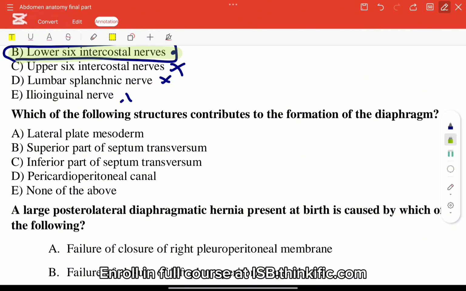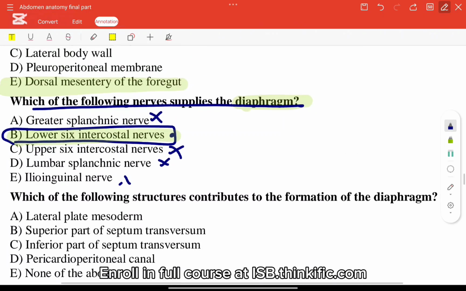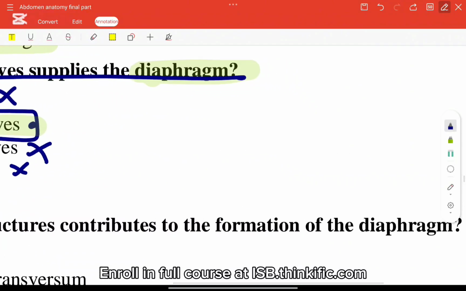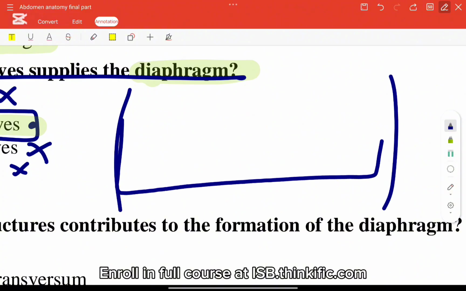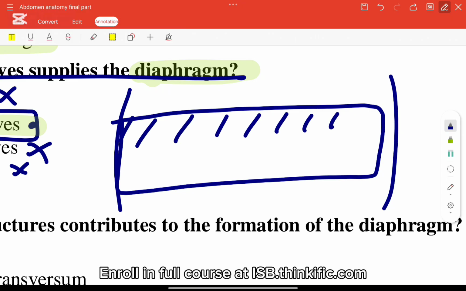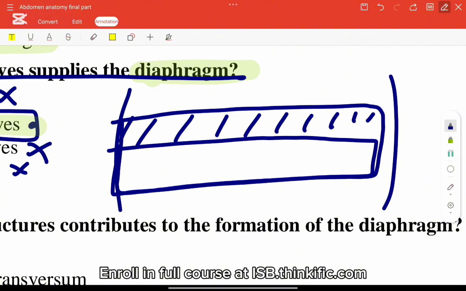There is something I want to add about the septum transversum. It has upper and lower parts. This is the body cavity. This is the septum transversum. The upper part really does contribute to the diaphragm, but the lower part of the septum transversum actually contributes to the liver and the ventral mesentery.